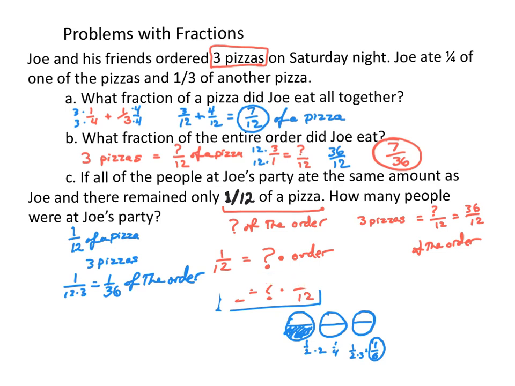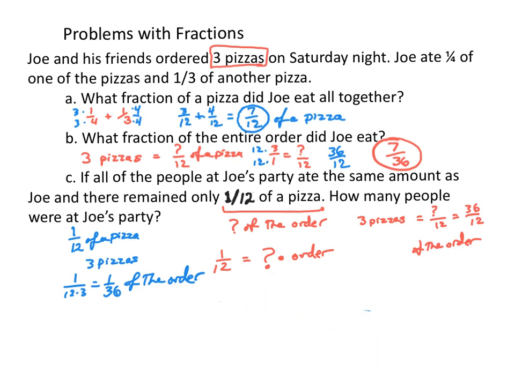So let's use this information to figure out the answer to this problem. So 1/12 of the pizza was left. That's 1/36 of the order that was left. Okay, there was 36, the whole order. Oh yeah, this is important.